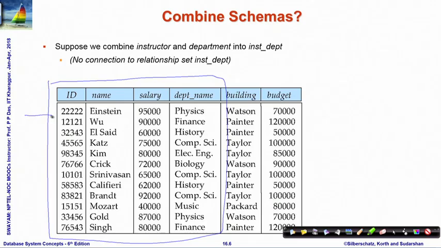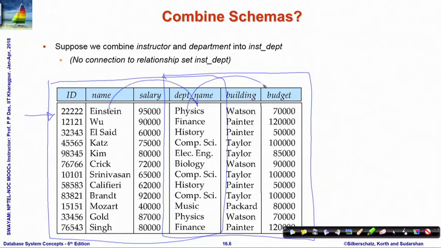So, I have to pick up Einstein from here, do a join based on the department name, dept name, with the department relation, and then only I will be able to find out that Einstein belongs to physics, physics has a budget of 70,000. So, Einstein's department has a budget 70,000.